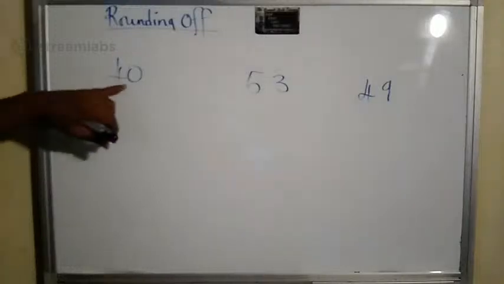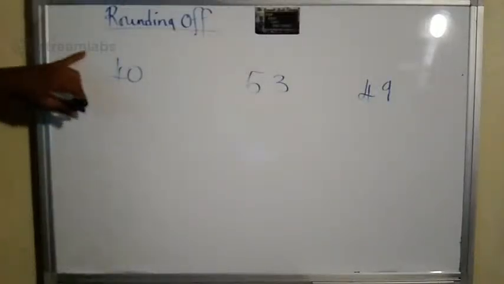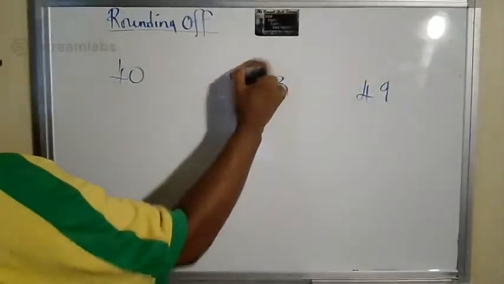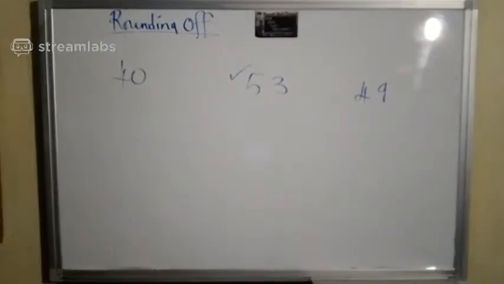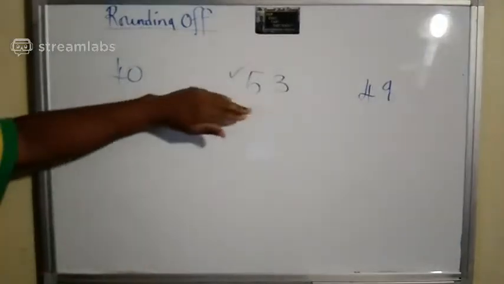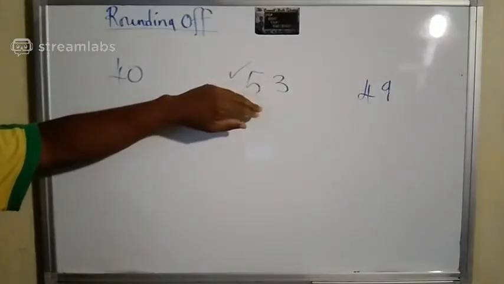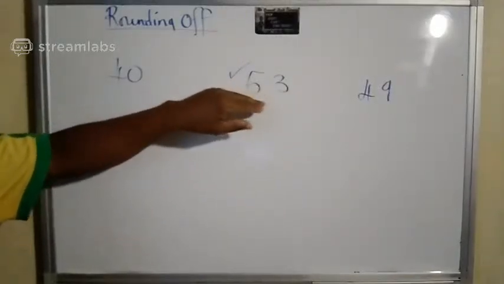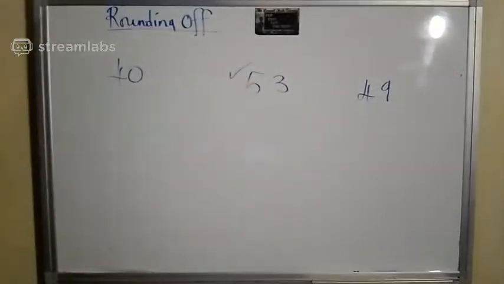Is 40 closer to 100 or to 0? 0, because it is 40, right? Alright, what about 53? Remember, once it reaches half, like 50, that 5 will be 50. So you round this up, so it's closer to 100. What about 49?